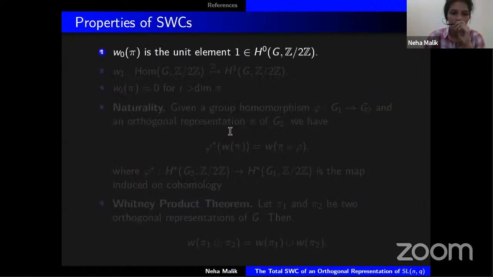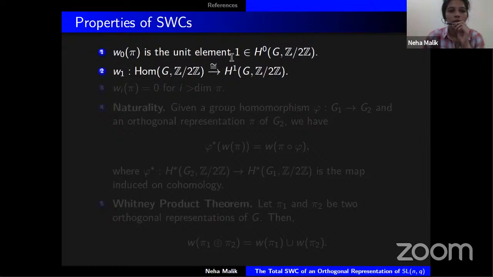Now, let's come to their properties. The first one is that the zeroth Stiefel-Whitney class of any orthogonal representation pi is always the unit element 1. Also, the first cohomology group of G is isomorphic to the group of homomorphisms from G to Z/2Z, and w_1 gives us the exact isomorphism between these two.